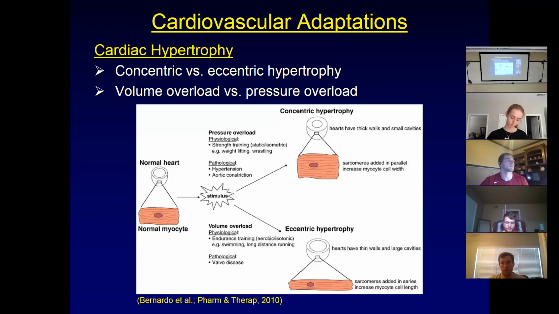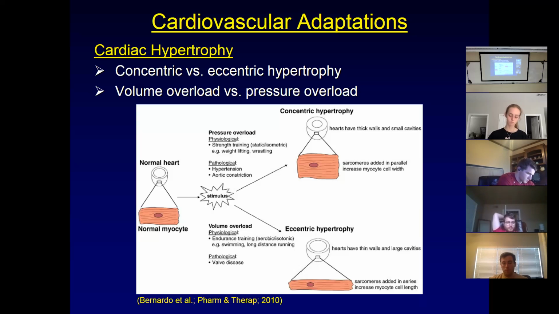So we get longer cardiac muscle fibers. They're going to be a little bit thinner and more compliant, so they're stretchier. We retain some level of strength, but what we really get is the heart gets bigger and the luminal space in the chambers gets bigger. That gives us the ability to increase stroke volume and cardiac output.